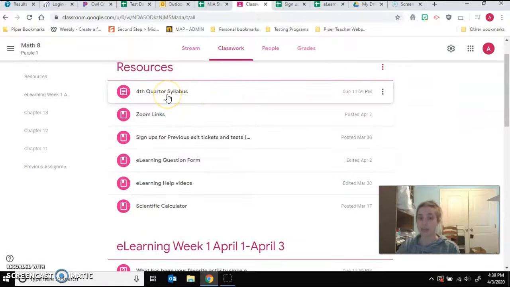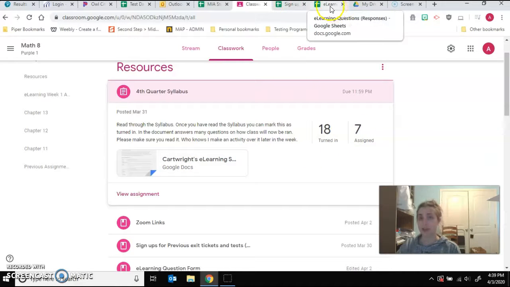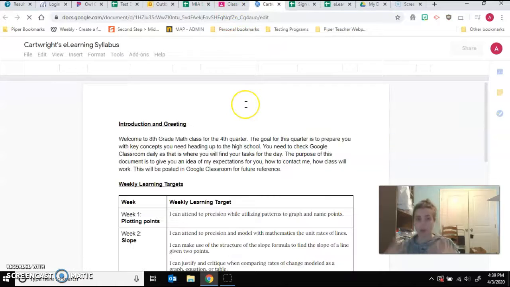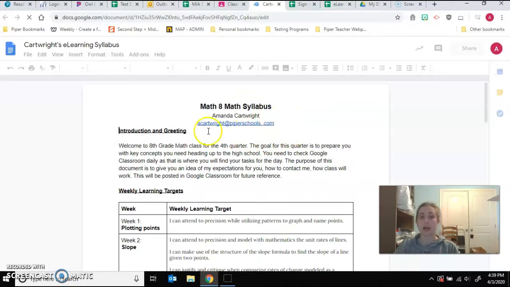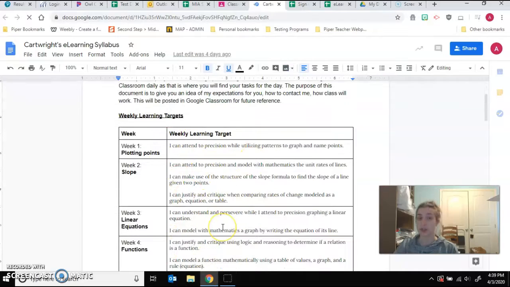Next place, the syllabus. You click on the syllabus, and yes, it was assigned as something to read and say that you read. It'll pull up, and there's a little introduction, our weekly targets, which are our I can statements.